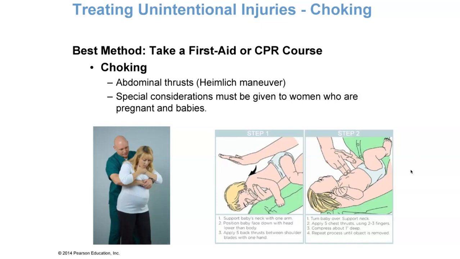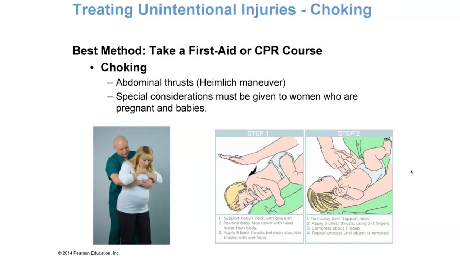We've got the thing called abdominal thrusts, and that's the Heimlich maneuver. And I'm going to show you a video on how to do that in just a little bit. When it comes to certain populations, like pregnant ladies or infants, you cannot do a normal abdominal thrust or the Heimlich maneuver. So in the picture with a lady, if somebody is pregnant, you want to put your hands above the baby bump, wherever that is.